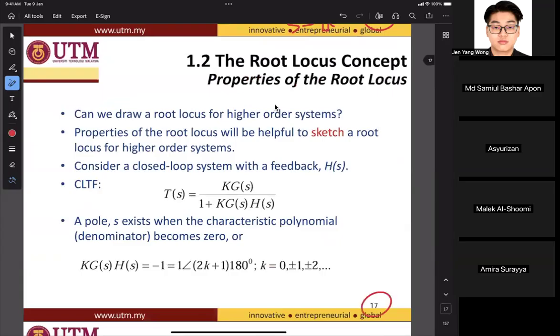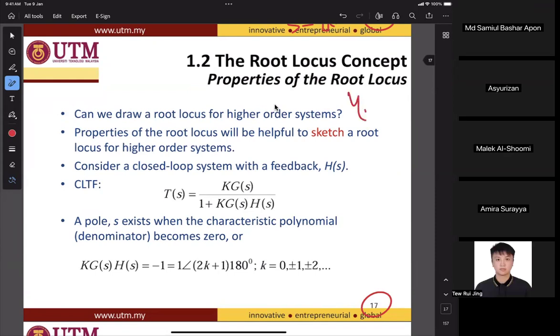Slide number 17. Can we draw a root locus for a higher order system? The answer is yes. The properties of the root locus will be helpful to sketch a root locus for a higher order system, considering a closed loop system with the feedback H(s) as shown here.